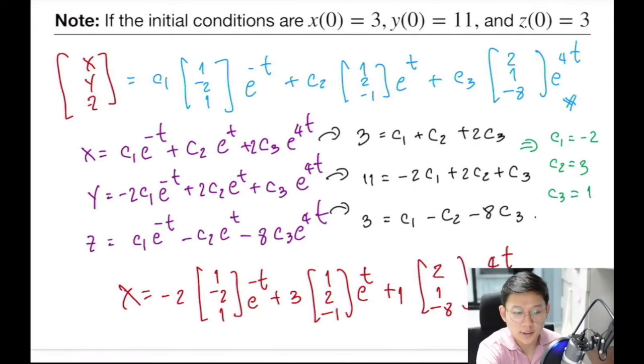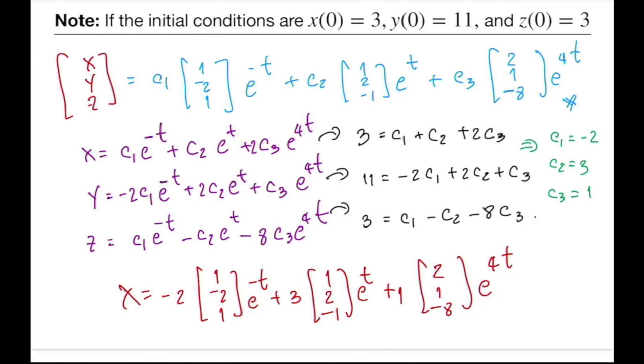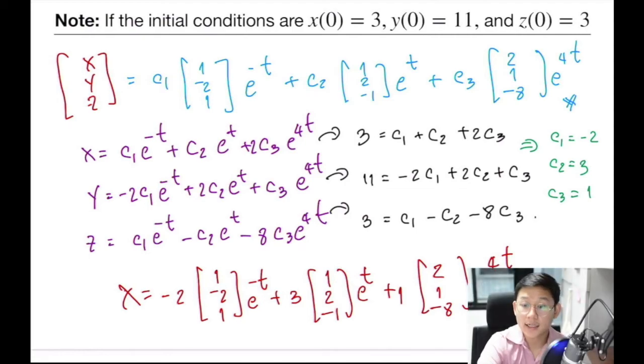And that will be the particular solution, just in case they give you initial conditions, so you can solve for the particular solutions. If these numbers are not correct, you know how to do it, right? Just solve for c1, c2, and c3, and then you put them here.